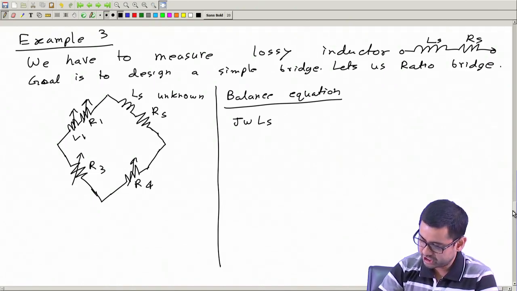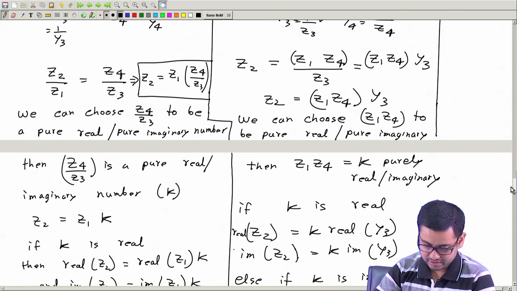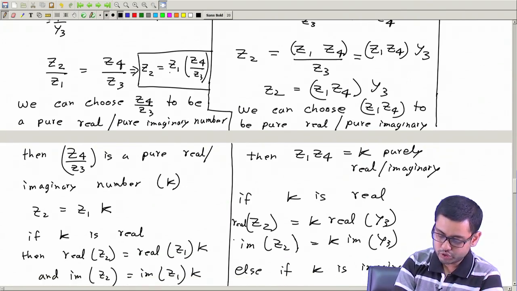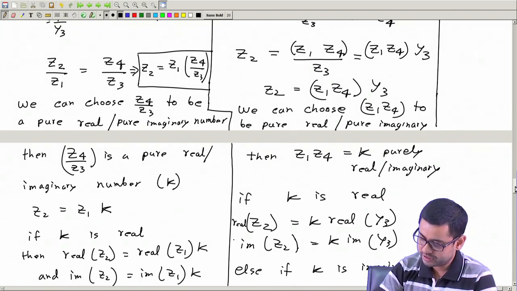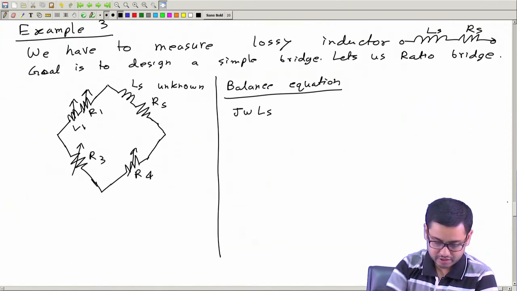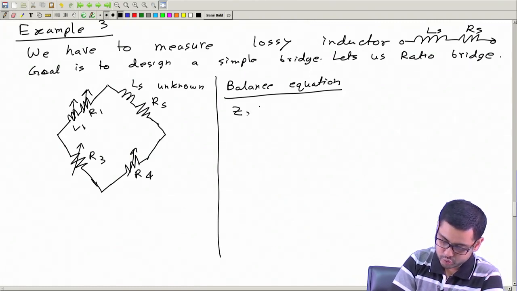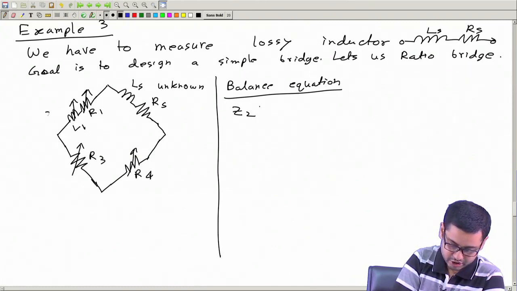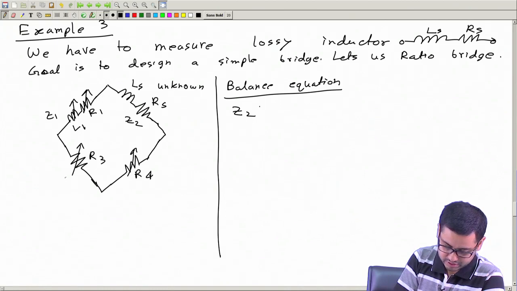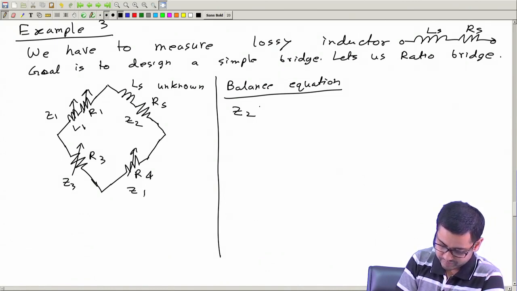So let's write it this way directly from here. Z2 is equal to Z1 multiplied by Z4 by Z3. Okay, so let's start from there. This is Z1, Z2, Z3, Z4.